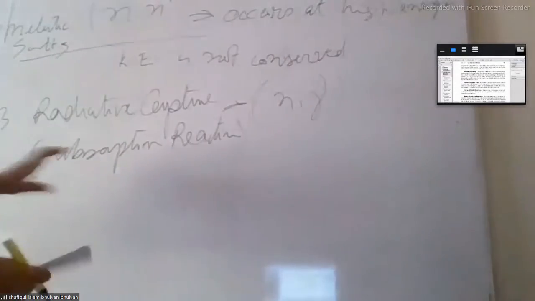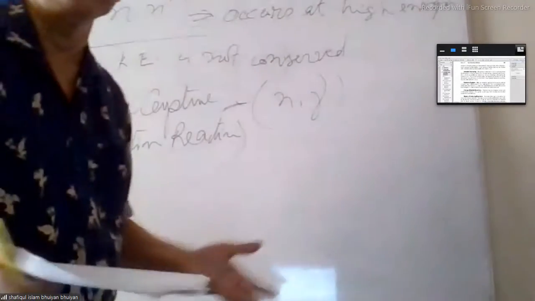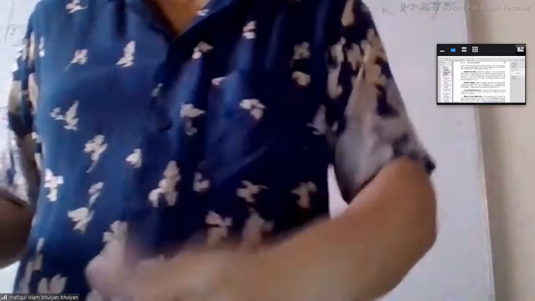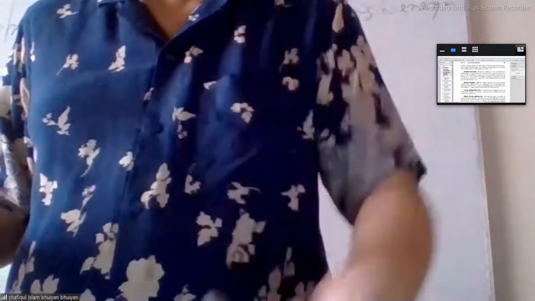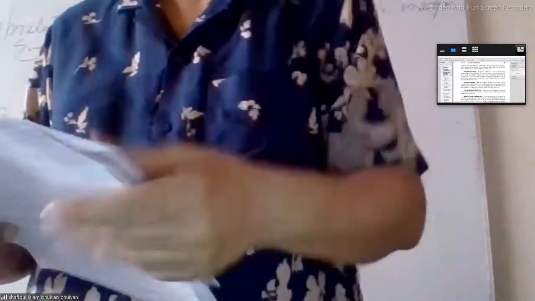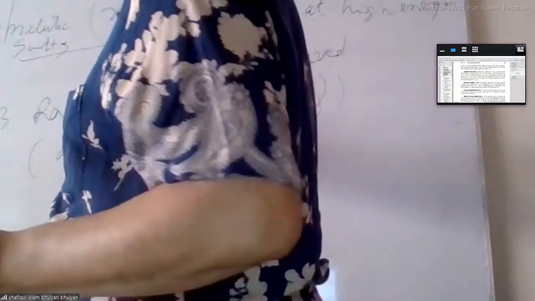There are only two types of absorption, and in one the neutron is absorbed, because we will see that there are other types of reactions that can also be absorption. So I hope that now you understand what radiative capture is.